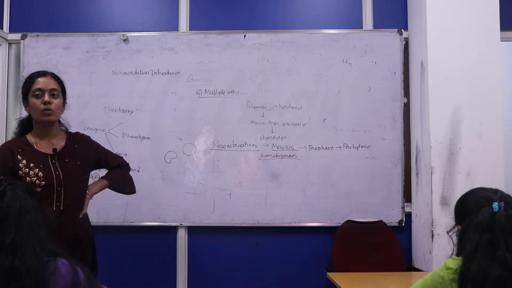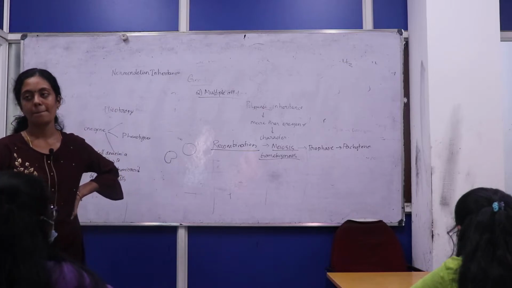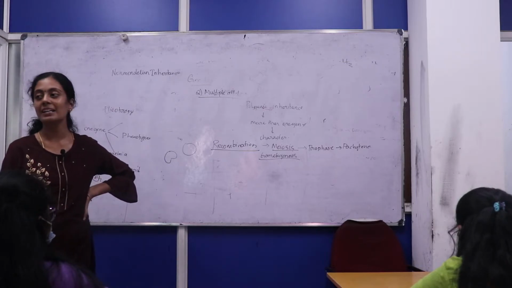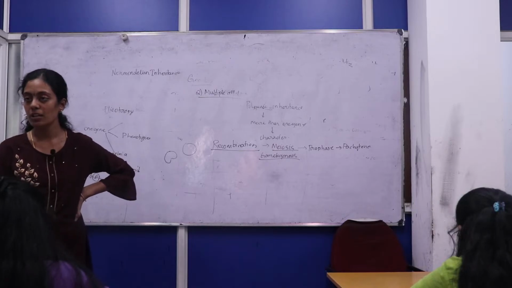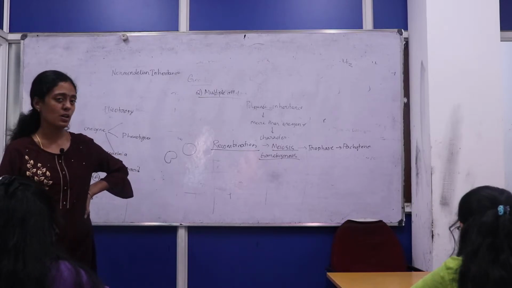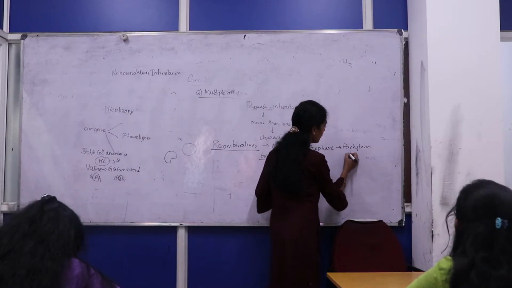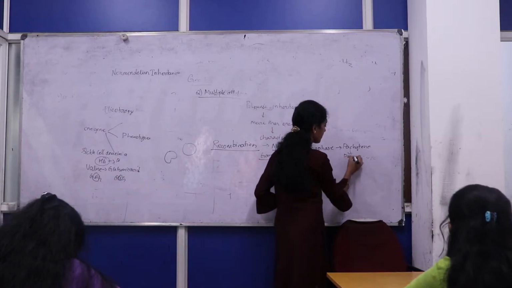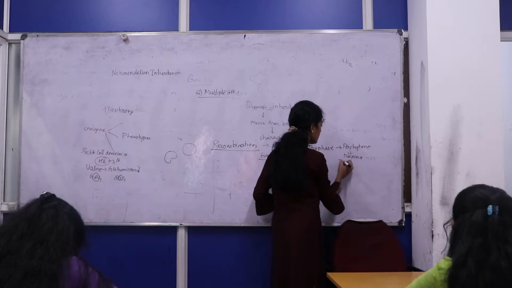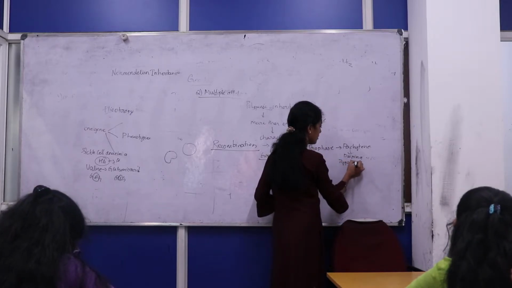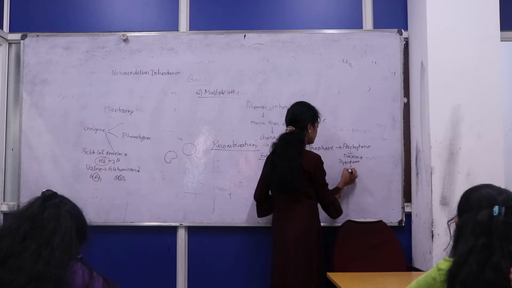Pachytene or zygotene? Who will tell me correctly? Zygotene. Pairing will happen in pachytene, and in zygotene you will have crossing over, basic concepts.